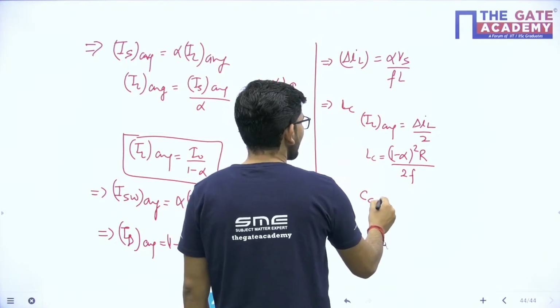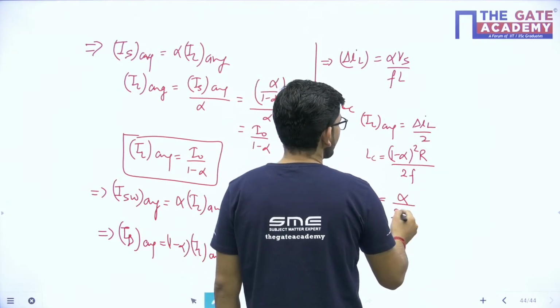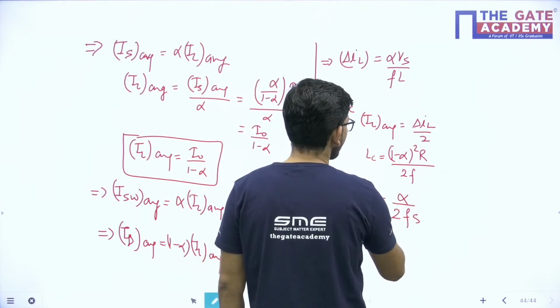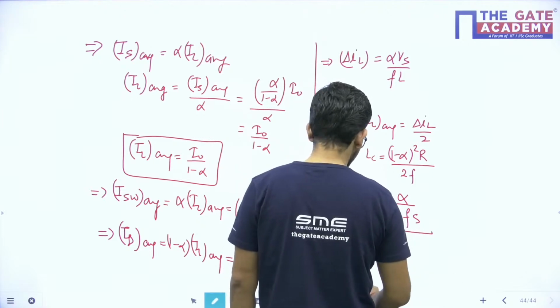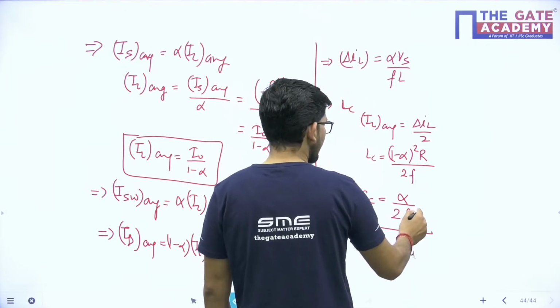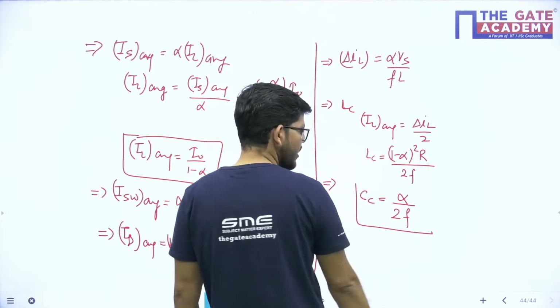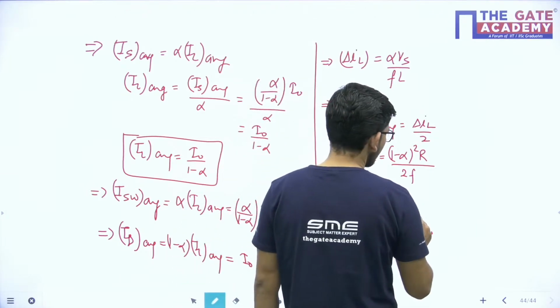And critical capacitance is calculated by the same formula that we have in the case of boost converter, which is alpha upon 2F R.